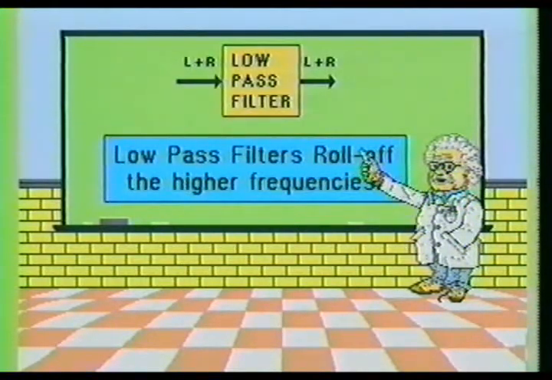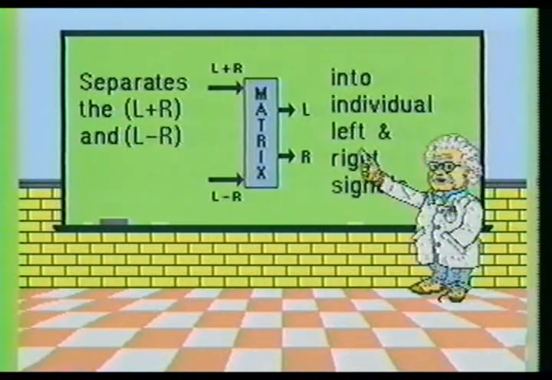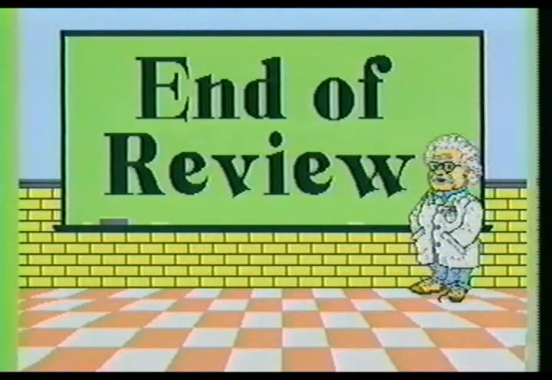A low-pass filter is used on the L+R signal to roll off the higher frequencies. The matrix decoder simply separates the L+R and L-R signals into their individual left and right channels. This concludes review number 5.